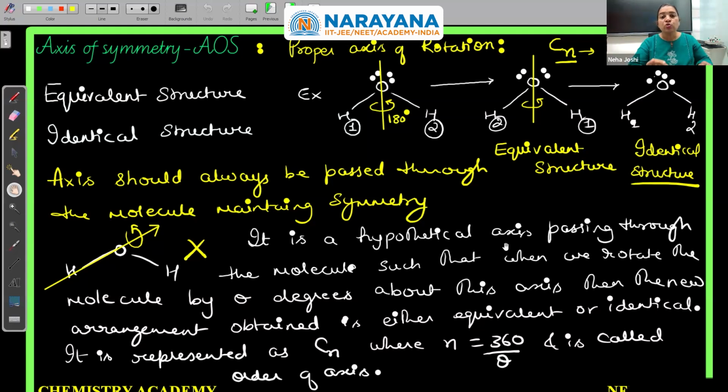So for a molecule to be optically active, C infinity and C1 are excluded in comparing their optical activity. We say that axis of rotation is not taken to decide optical activity of a molecule, whether a compound is optically active or not. We do not decide on the basis of axis of rotation.